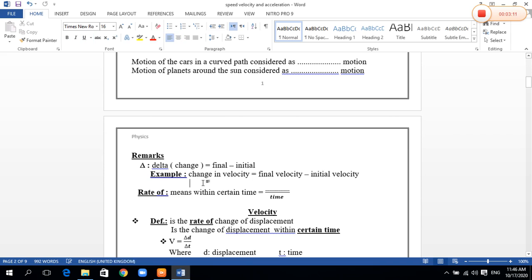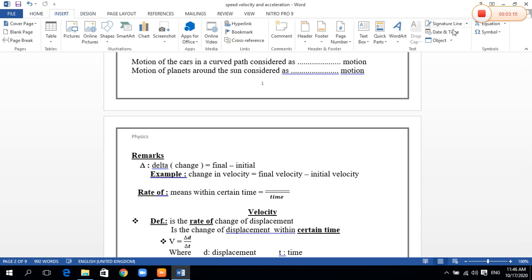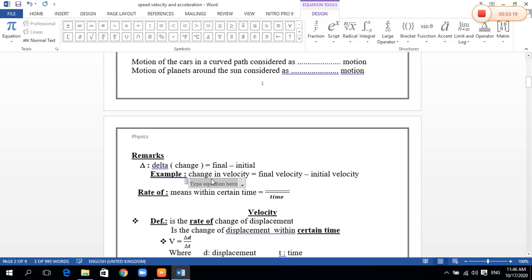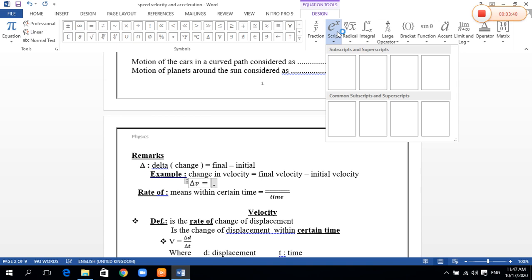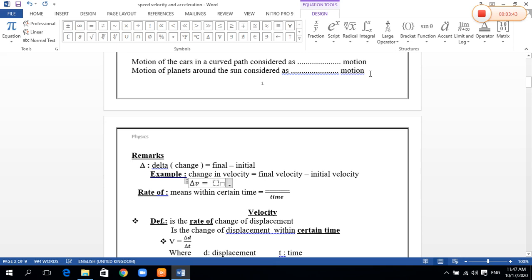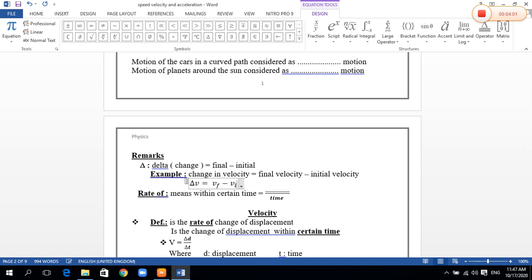We can write it as follows: we have the symbol delta, the triangle, delta V representing the change in velocity, equals V final, written like that, Vf, minus V initial, the initial velocity, Vi.